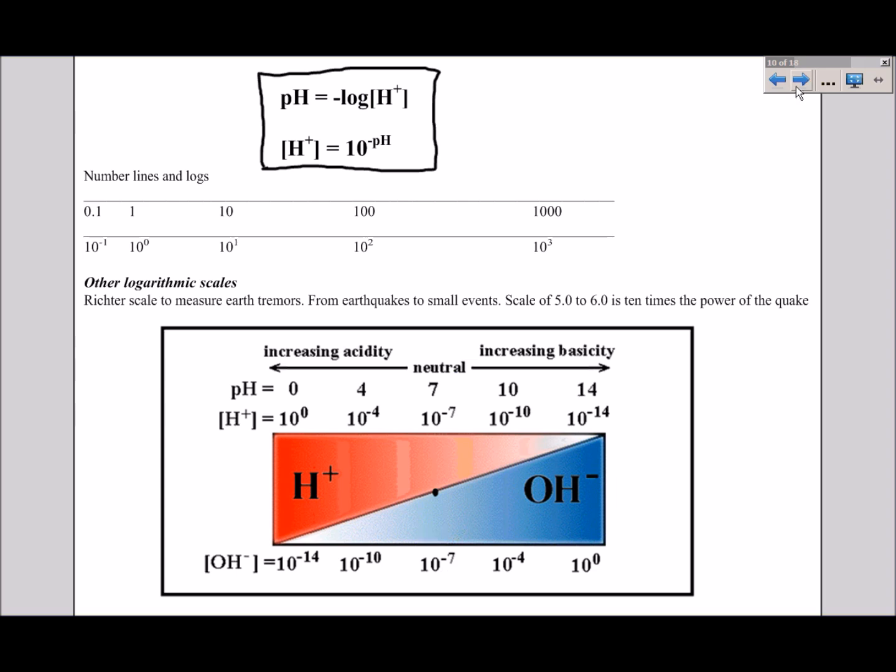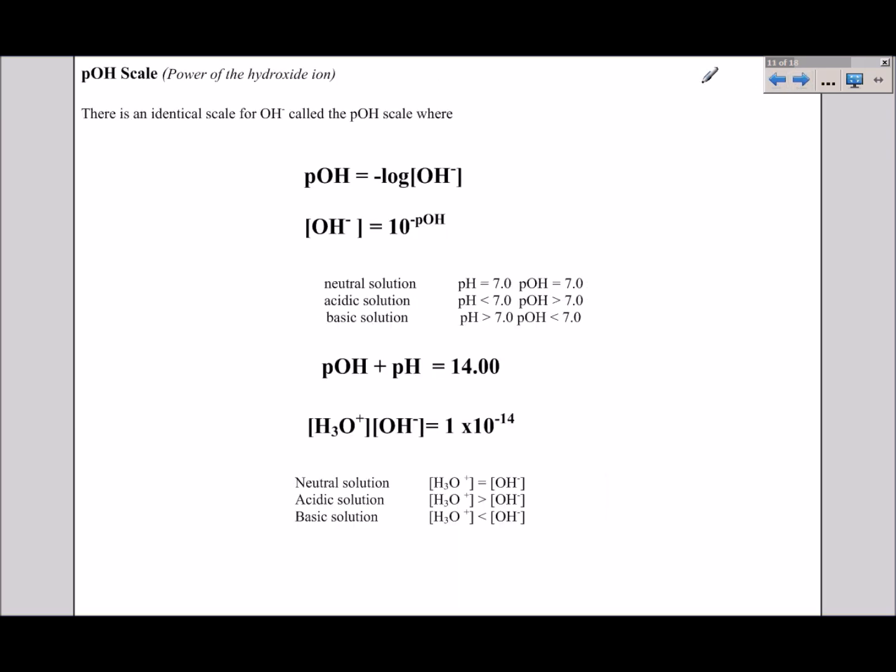Now, although we study the pH scale, it's important for us to also see the relationship with hydroxide and look at a pOH scale. In the lab, we'll always work with pH because the meters that we use will measure the pH, and our indicators are used to measure pH.